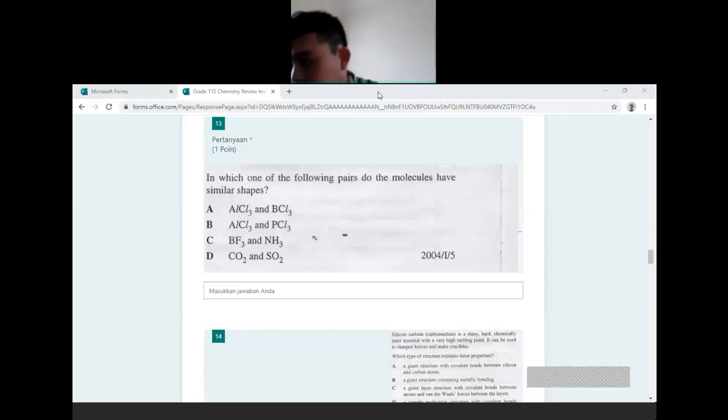Two bond pairs and 1 lone pair. The bond angle is 107, no, 119, with the shape bent.